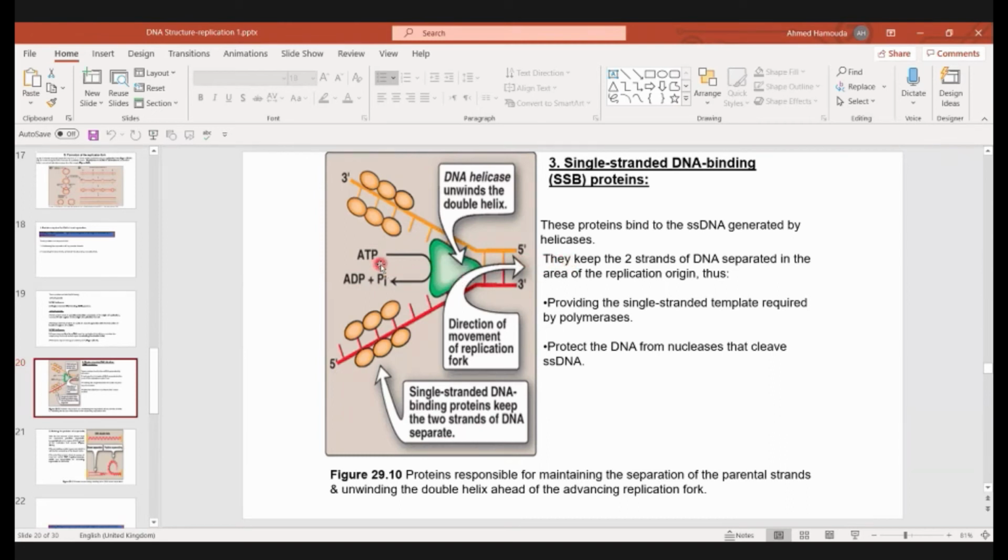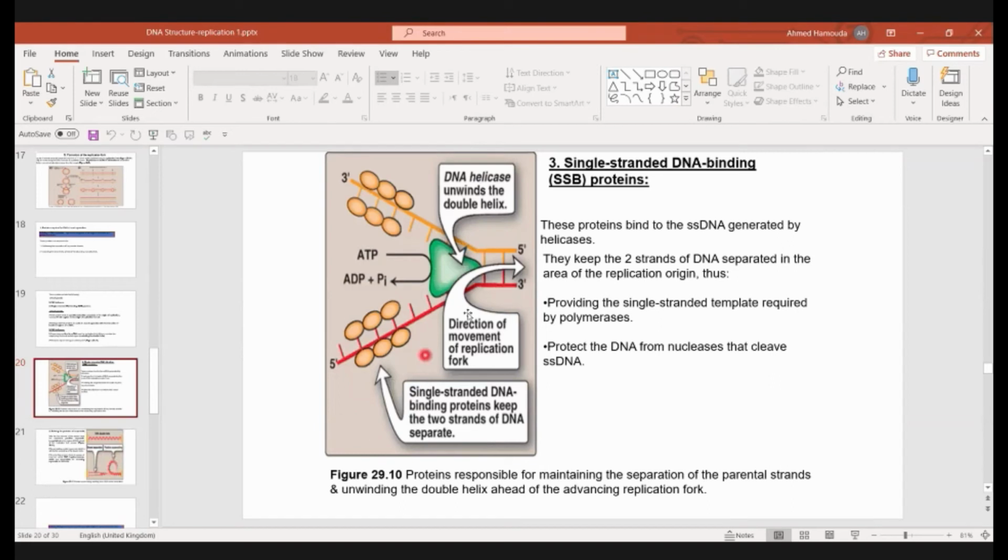And these are the single-strand DNA binding proteins that keep the DNA strands separate. So the single-stranded DNA binding proteins are keeping the double strand open, and the DNA helicase is moving along to open the double strand.